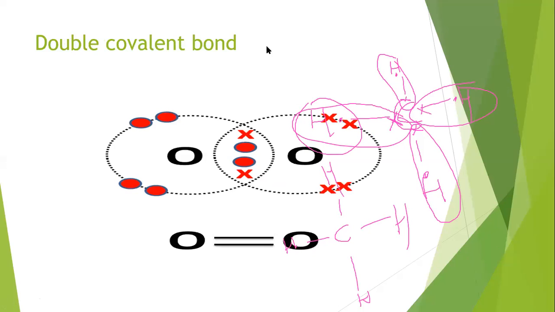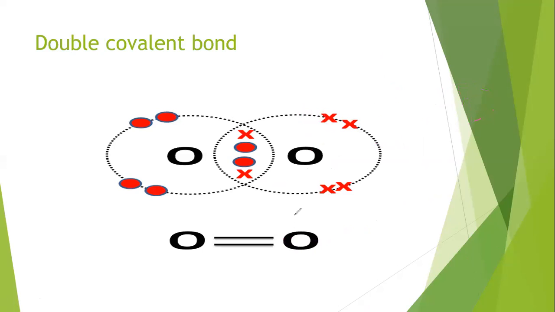Now you have the example of double covalent bond. In a double covalent bond, 2 bond pairs are shared between 2 bonded atoms. This oxygen atom will share its 2 electrons and this oxygen atom will also share its 2 electrons. So by sharing 2 electrons from these 2 oxygen atoms, they will complete their 8 electrons in their outermost shell.